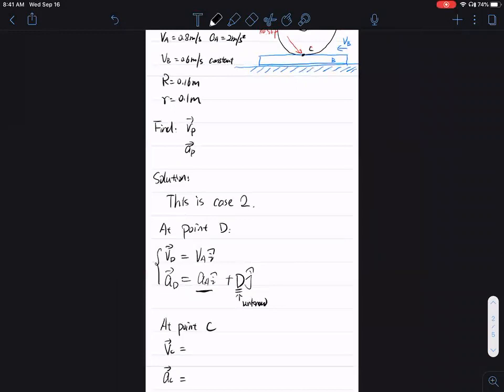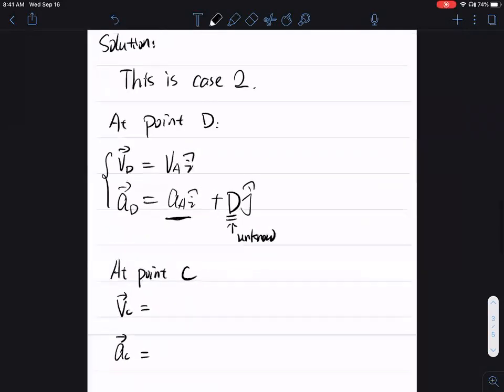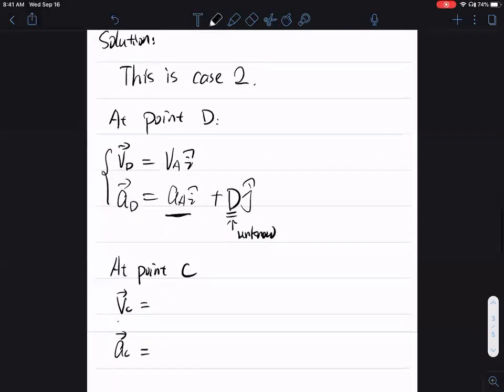So block B has a velocity of VB. It's moving in the negative i direction. So if we want to write out the velocity vector for VC, VC is going to be negative VB in the i direction plus 0 j, if you want to.